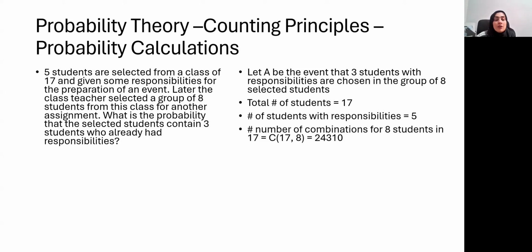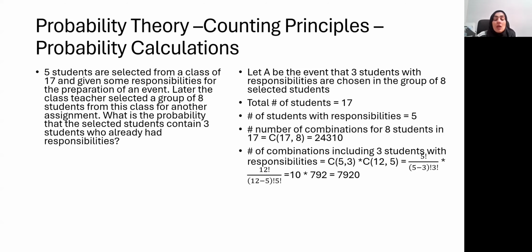24,310 different team compositions. Now, we are interested in those arrangements which contain 3 such students who have responsibilities already.